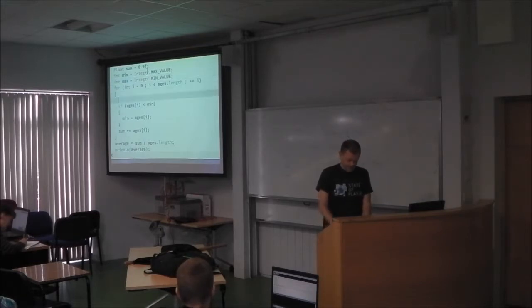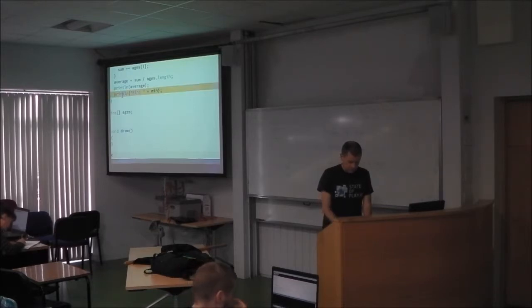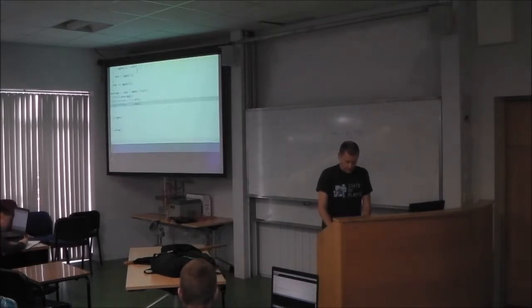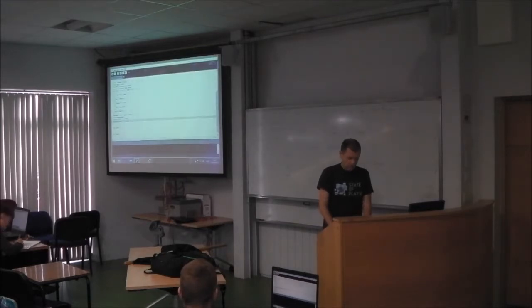And then I can say if ages at position I is greater than the max value, which of course it will be the first time, the max is equal to ages at position I. So there's the max value. Okay, hopefully that's going to work. We'll just double check to make sure it works. And the maximum value is 99 in that case.